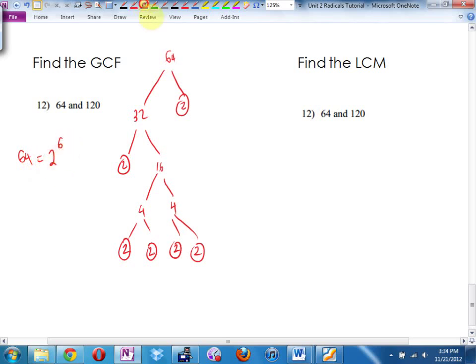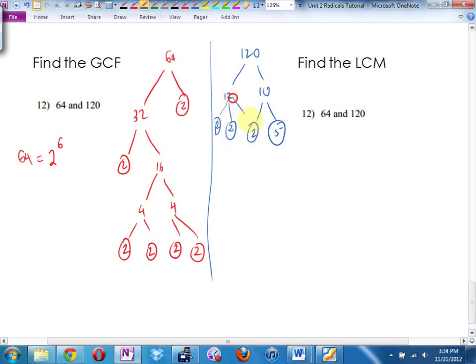What about 120? 12 and 10, both of which are not prime. Oh, but 10 is 2 and 5. What's 12? 6. You know what? 12 is 2 times 2, here the 4, times 3. I'm running out of room, so I'm just going to do it in one step.